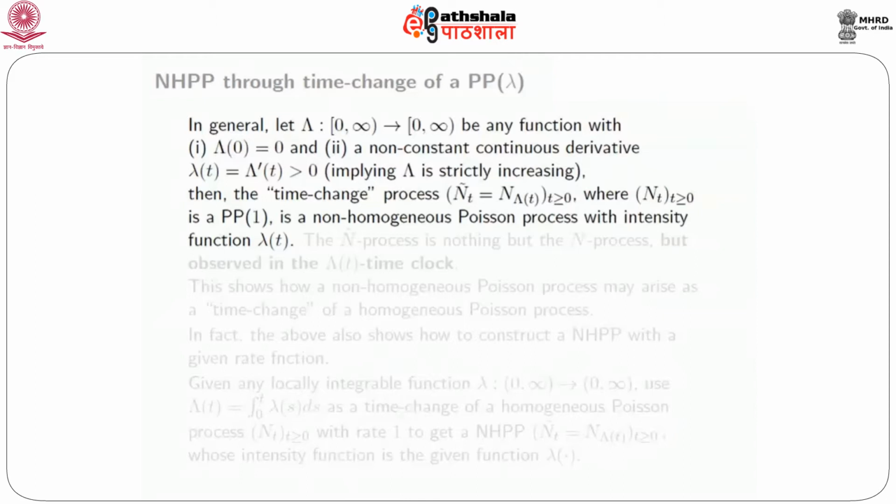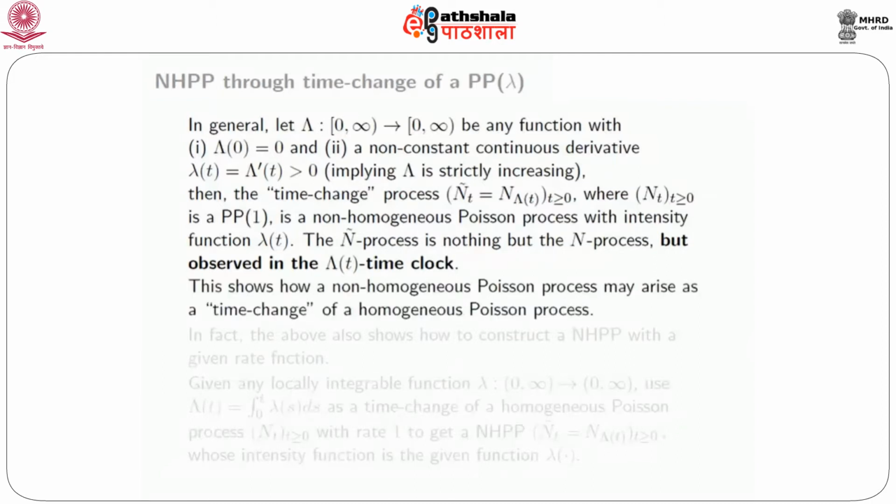You can proceed exactly the same way, because it would be a counting process, and because capital Lambda t is strictly increasing, it would have independent increments. It will start at 0, and now when you look at the increment of the N tilde process, N tilde t minus N tilde s, that will be N of capital Lambda t minus N of capital Lambda s. That has a Poisson distribution with parameter capital Lambda t minus Lambda s.